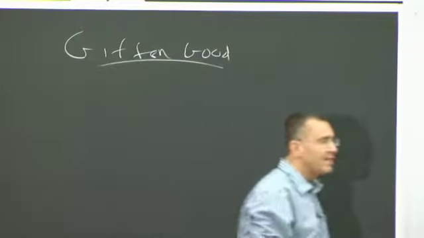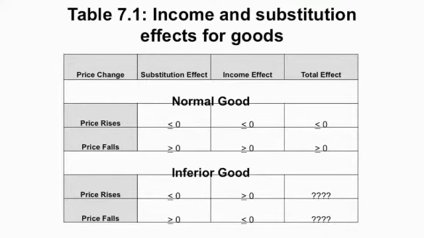Okay? So if you look at the top table, this lays out our possibilities. If goods are normal and the price of that good rises, then the substitution effect is negative, the income effect is negative, so the total effect is negative.